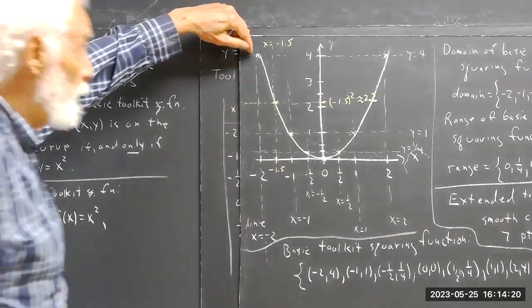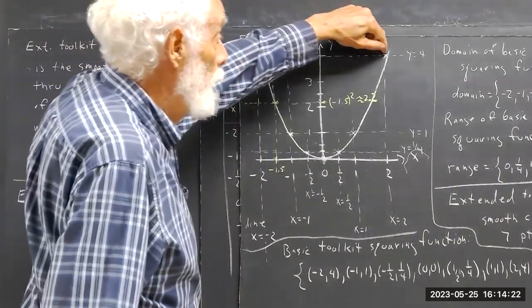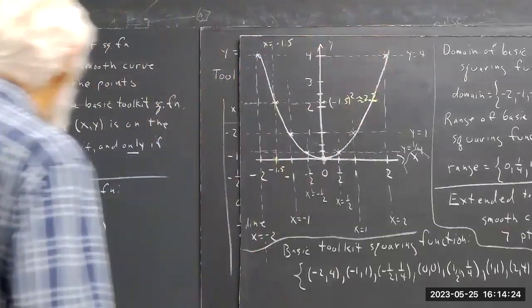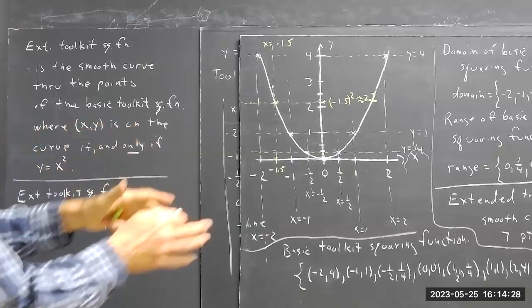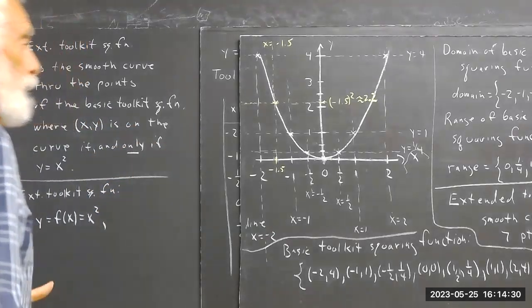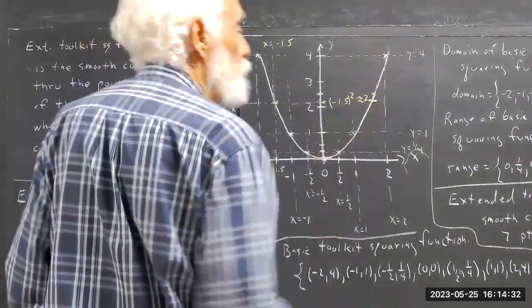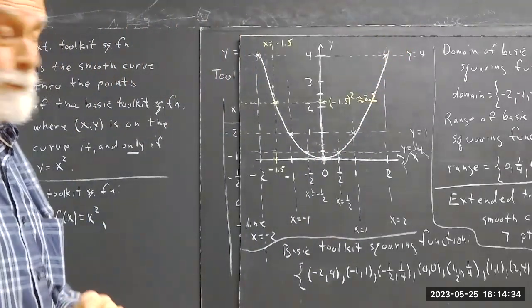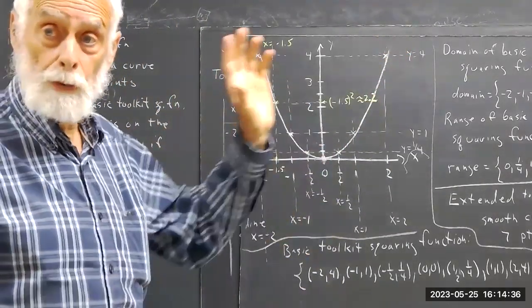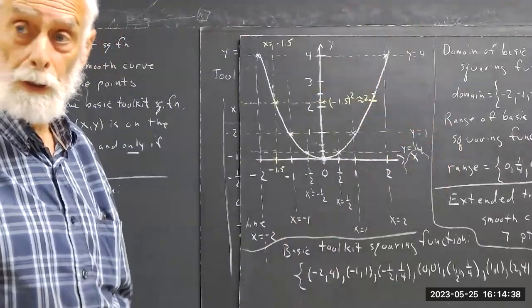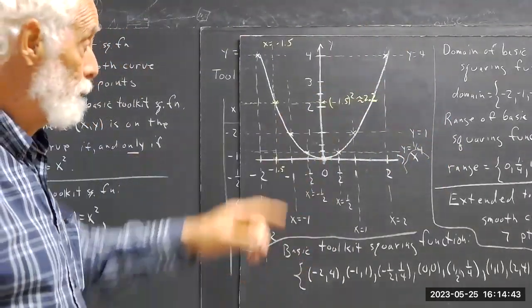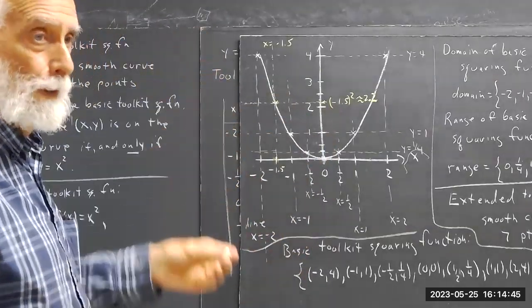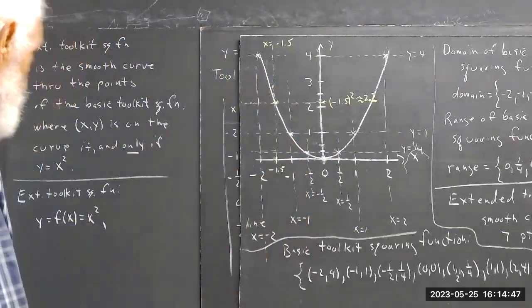Now we say it starts at -2, 4 and ends at 2, 4. So my x values start at -2 and end at 2. Now we could do the complete toolkit squaring function, but we have a hard time drawing it because it goes on to infinity in both directions. But we understand that we can extend the extended function to the complete function.